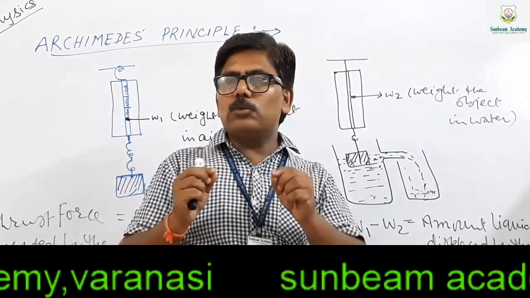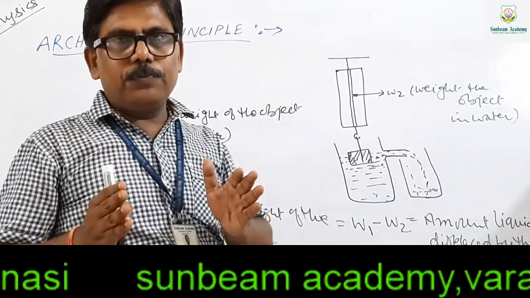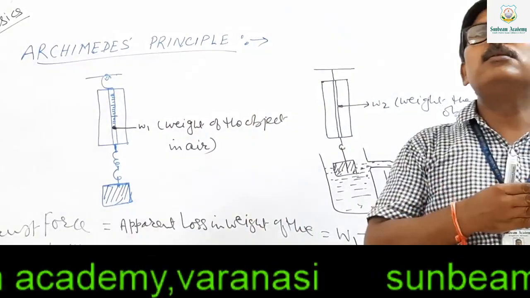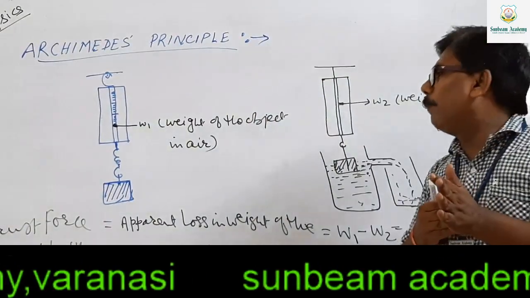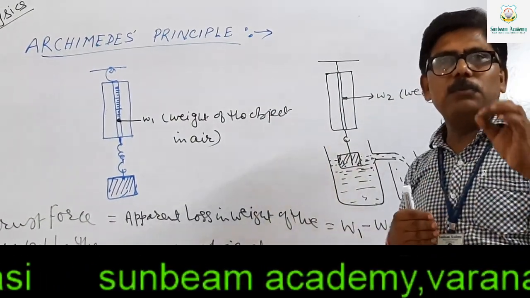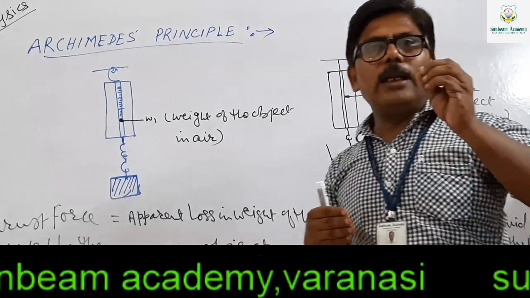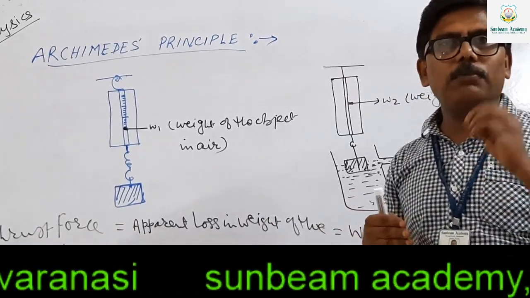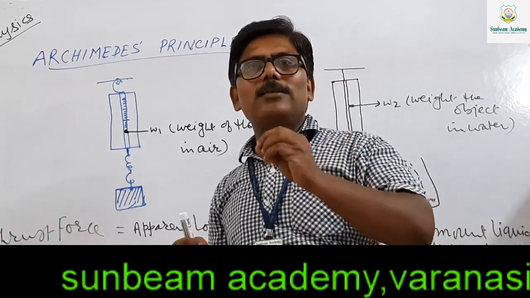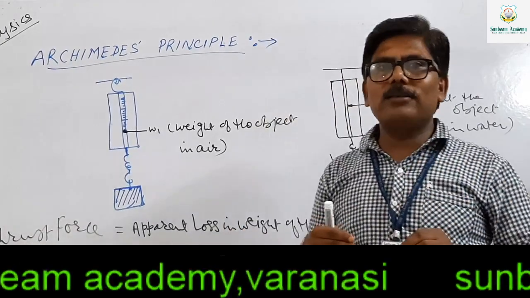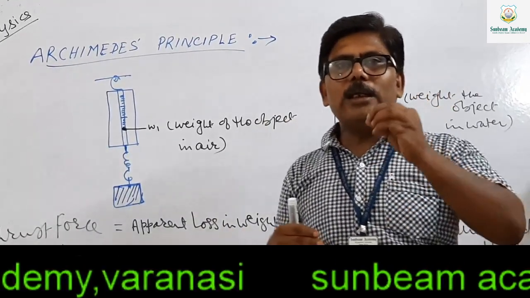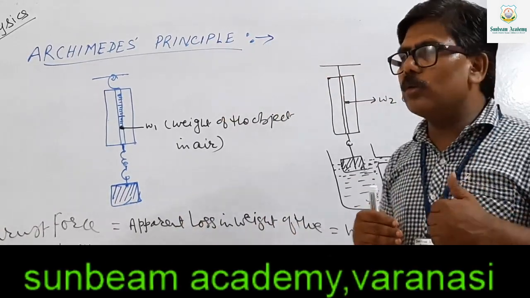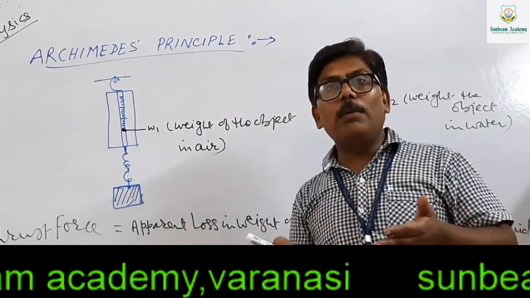I hope you have understood the Archimedes principle, experimental verification as well as application. Archimedes principle, what does it say? When an object is immersed in a liquid wholly or partially, it experiences an upthrust force, and that upthrust force is equal to how much?